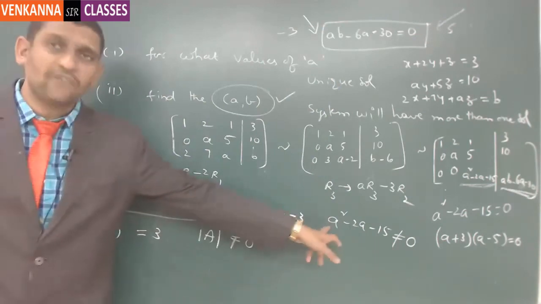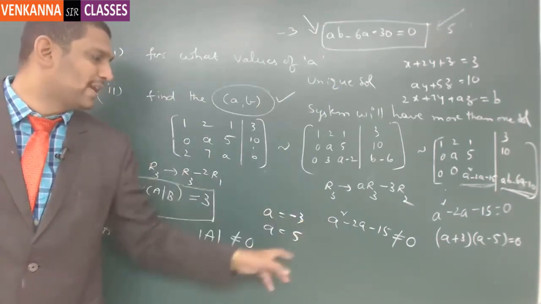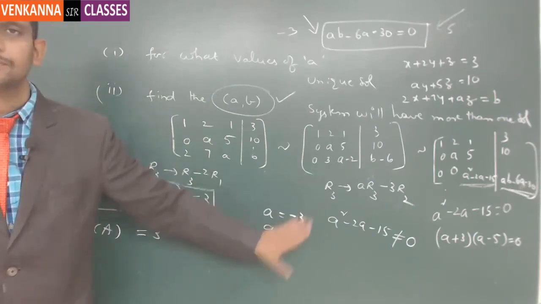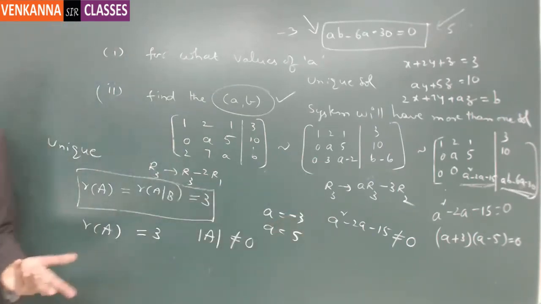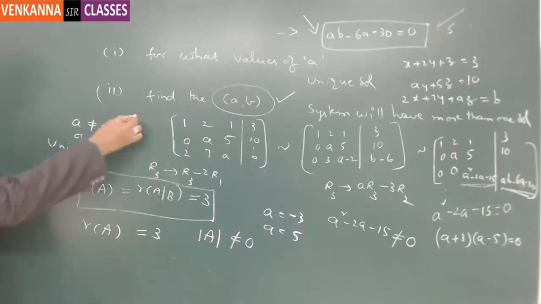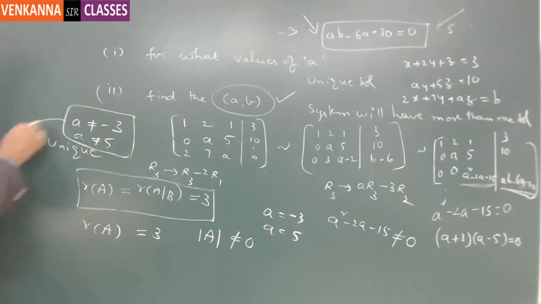It will be equal to 0 if we take a = -3 and a = 5, so we violate these two values. So excluding a = -3 and a = 5, you will have a unique solution for the given system. That was the idea. So we should say that a must be not equal to -3 and a must be not equal to 5 to have the unique solution.